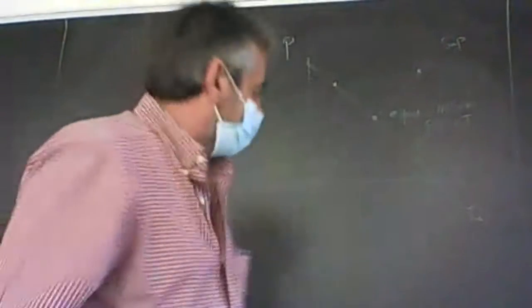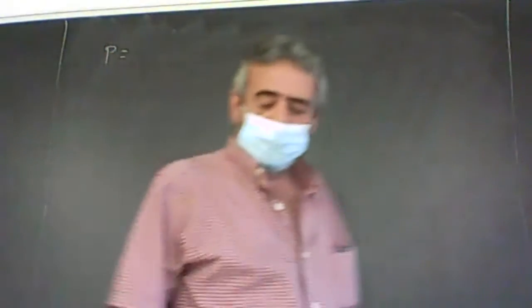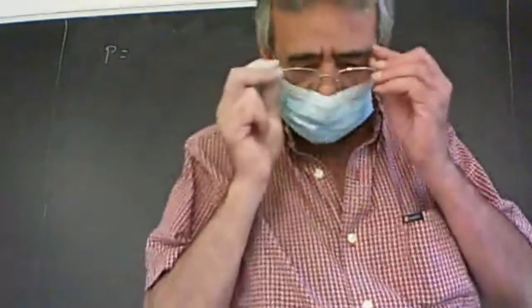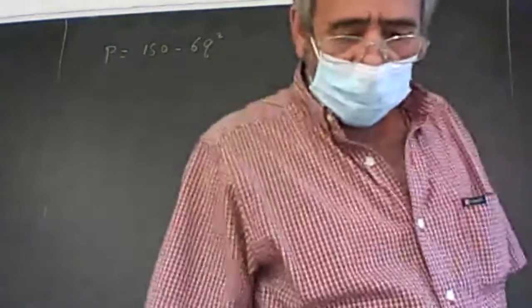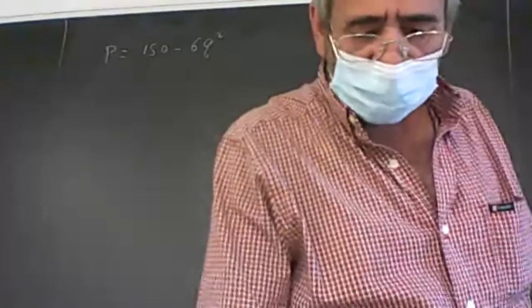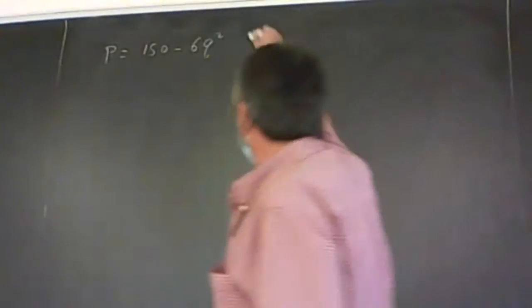It says, suppose that the price and demand for an item are related by the following equation: P equals 150 minus 6q squared, where P is the price in dollars, and this is your demand function.